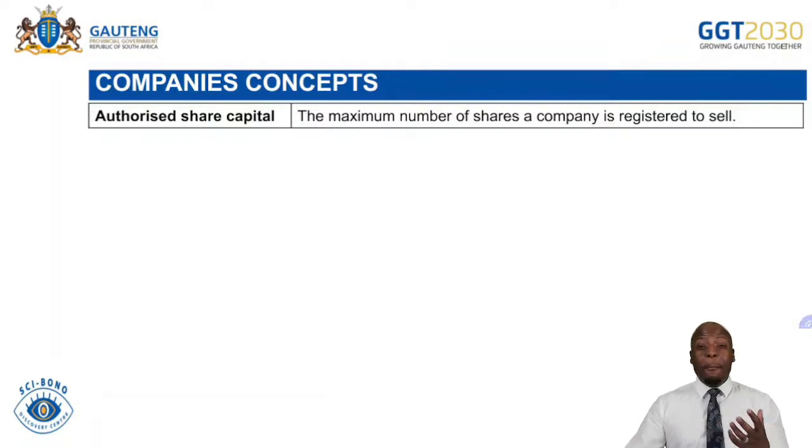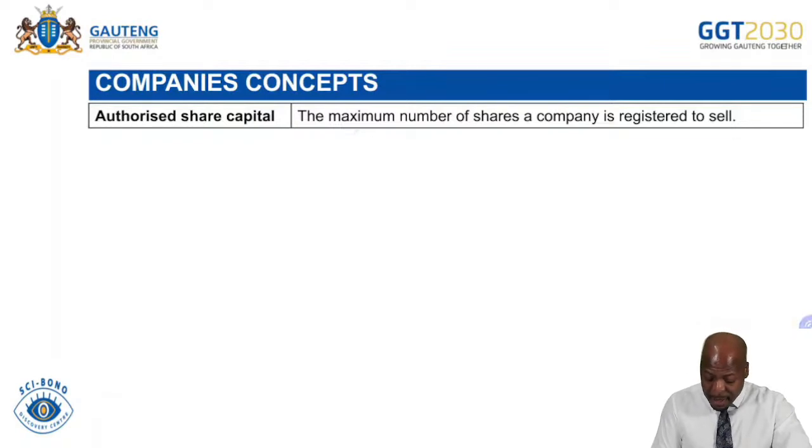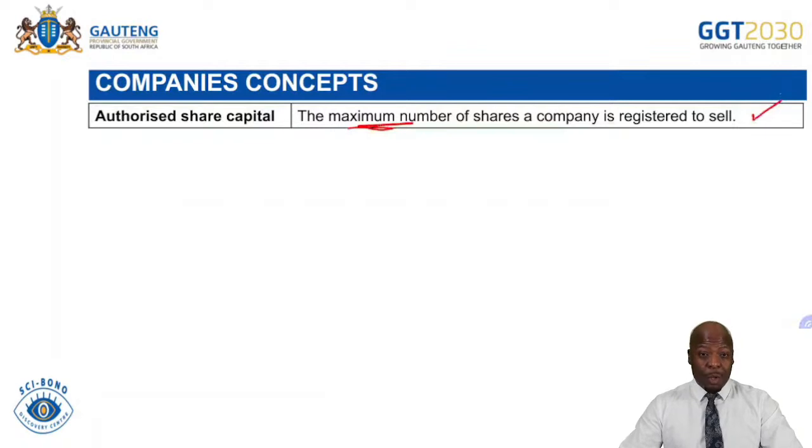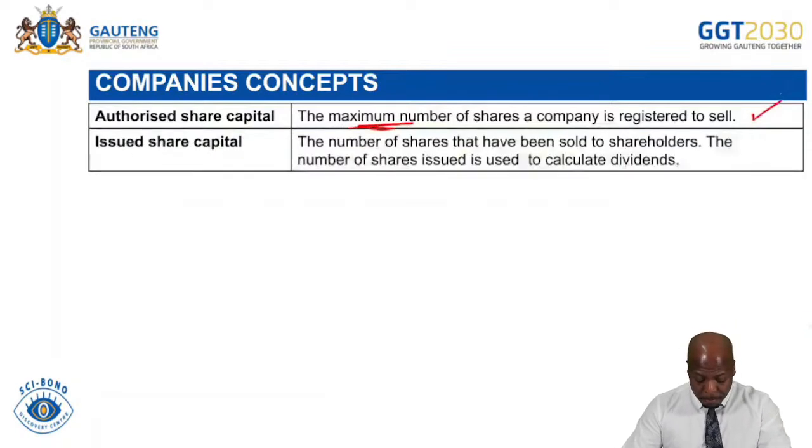But then when the company is registered, there is a number of shares which must be stated that these are the number of shares that the company will issue to the public. And that is what is known as the authorized share capital. This is the maximum number of shares that a company is registered to sell. That is your authorized share capital.